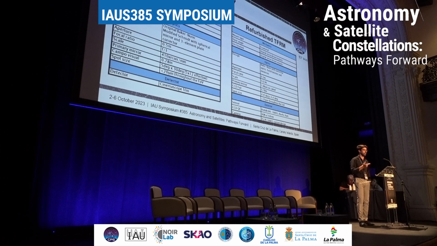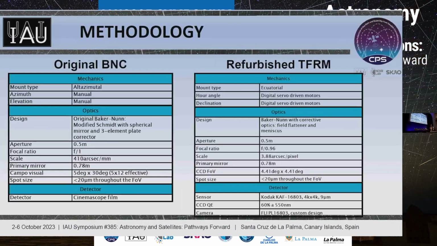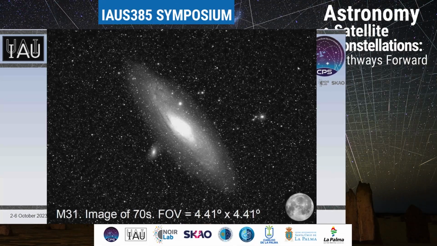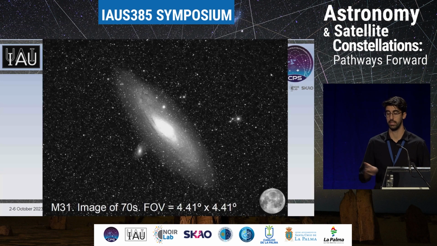The new, refurbished version that we're using for our images has a smaller one, but not small at all, of 4.41 by 4.41 degrees. A good example of what I mean is the M31 galaxy. This image was taken during 70 seconds, and you can see the field of view is pretty big.